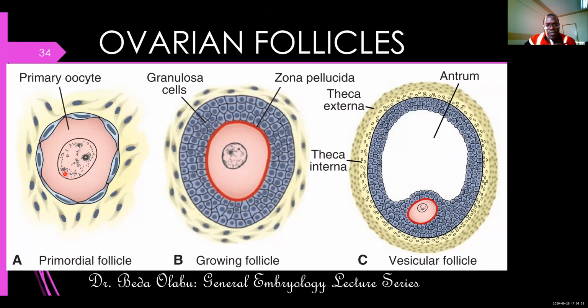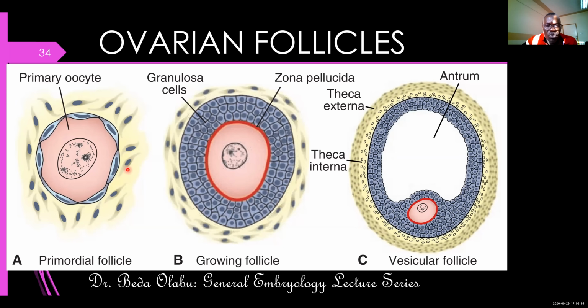I'd shown you this, told you that these are ovarian follicles. This complex formed by the oocytes, follicular cells, and zona pellucida, we call it the follicle.